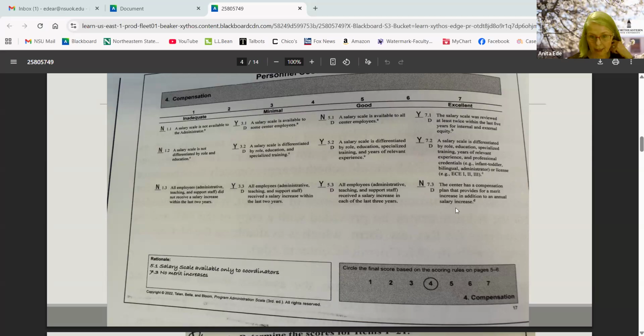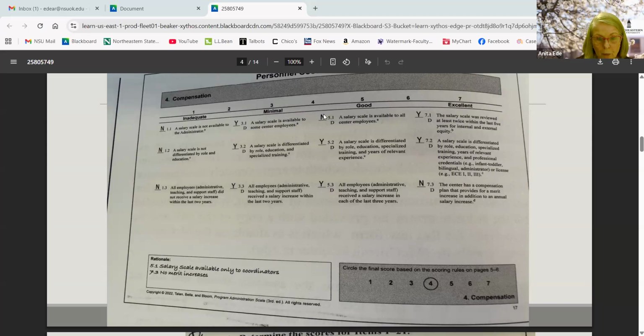So in this case, let's take a look at it. We look here. 1, all of them are no. 3.1, 3.2, and 3.3 are all yes. We keep going. And you can tell for the 5s, 2 out of 3 are yeses, but there is a no. So we cannot give it a 5.